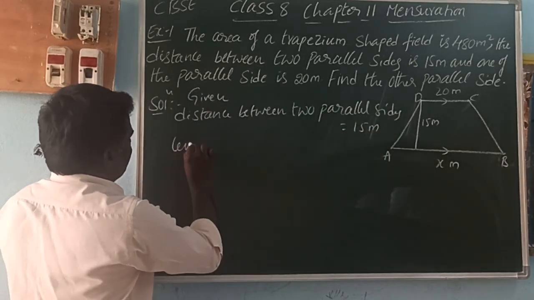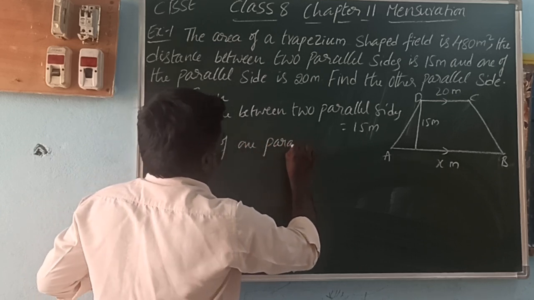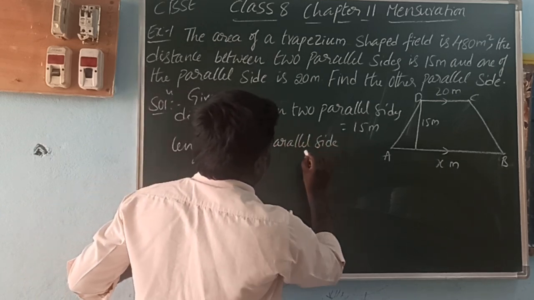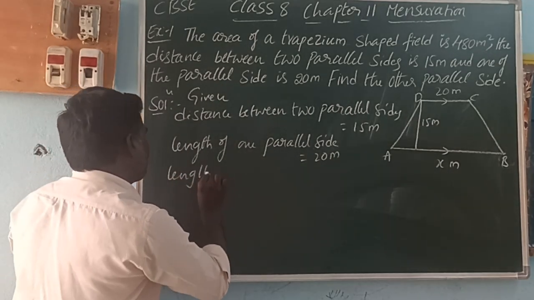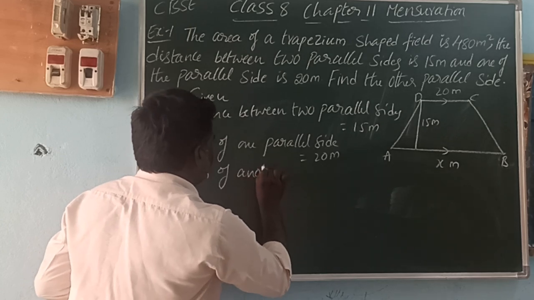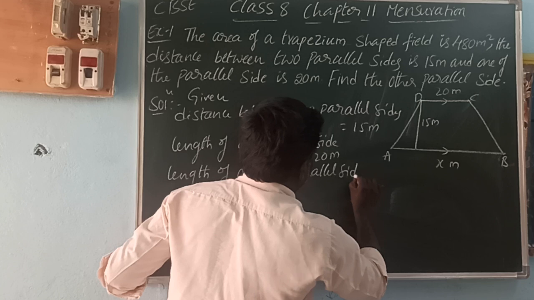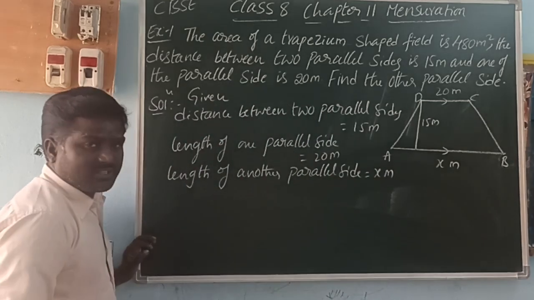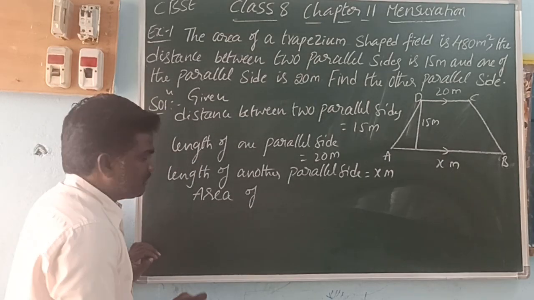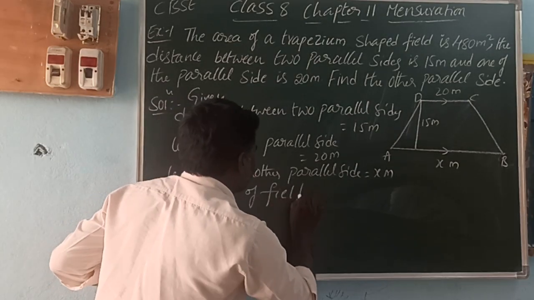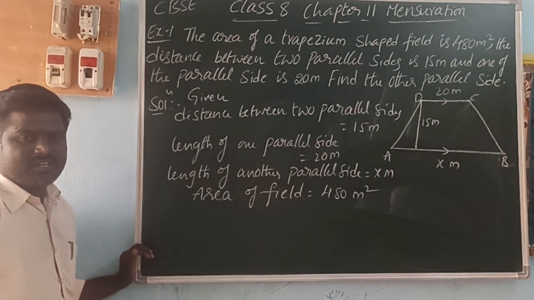Next, the length of one parallel side is 20 meter. So the length of another parallel side is x meter. Next, they gave the area of the field. The field is in the shape of a trapezium, so the area of the field is 480 meters square.